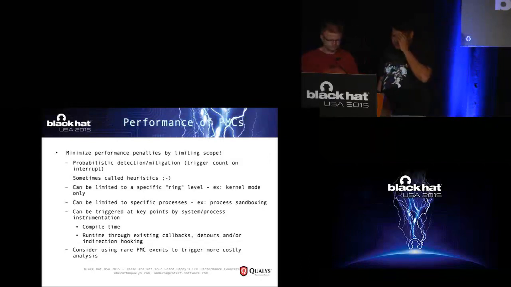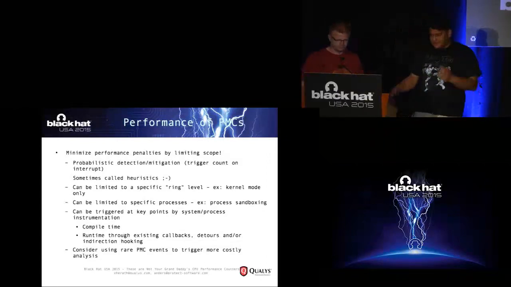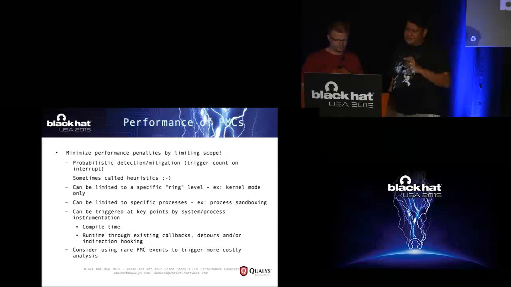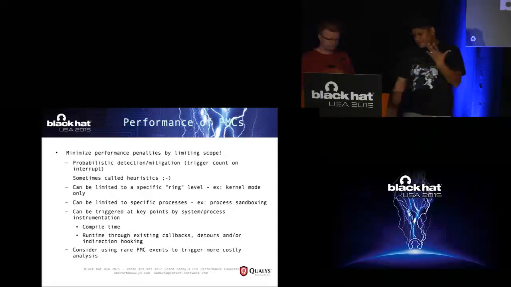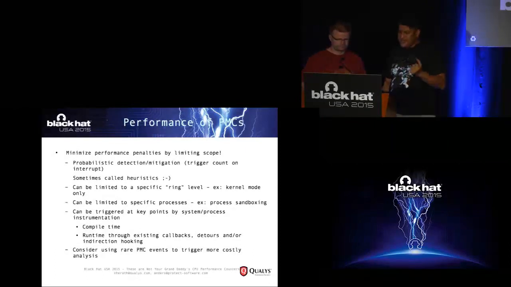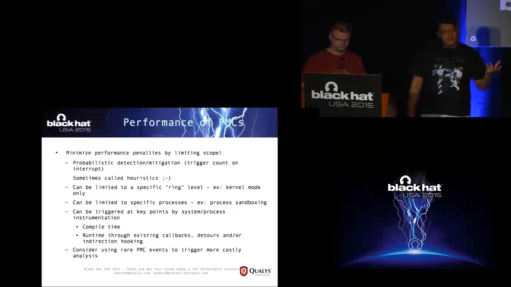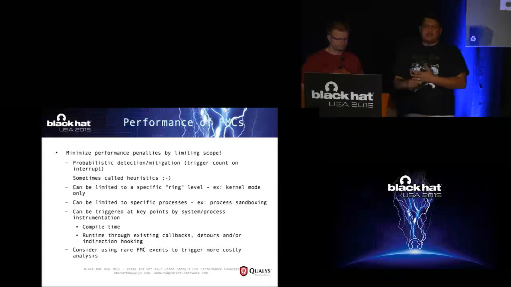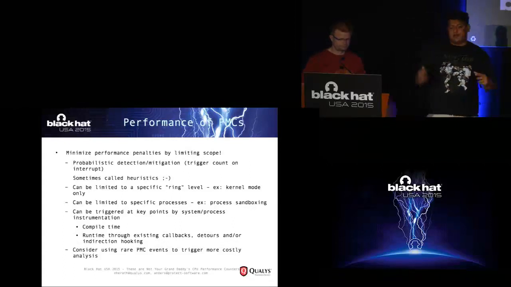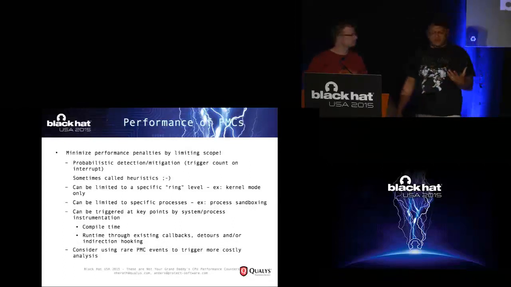So to minimize the performance penalties that we are talking about, here are some ideas on how we can minimize the performance impact of using these things. We can use probabilistic detection and mitigation, using a trigger count on the interrupt rather than counting every event.